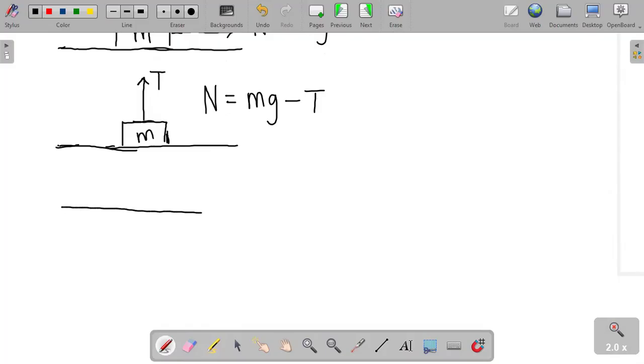You still have an object on a horizontal surface, and a tension applied to the object. In this case, the normal force is going to be mg plus tension.